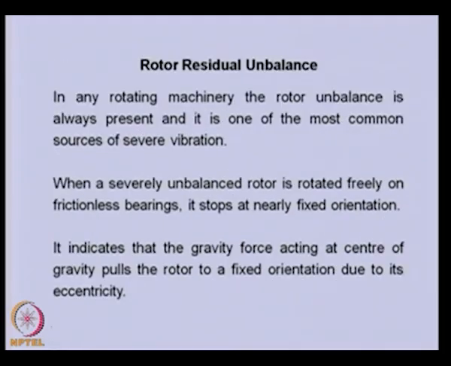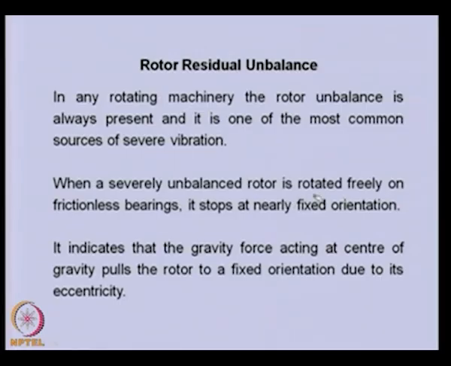The most common fault, which we have already seen, is unbalance. Let us see slightly more detail on this. In any rotating machinery, rotor unbalance is always present, and it is one of the most common sources of severe vibration in rotating machinery. When a severely unbalanced rotor is rotated freely on frictionless bearings, it stops at a nearly fixed orientation.